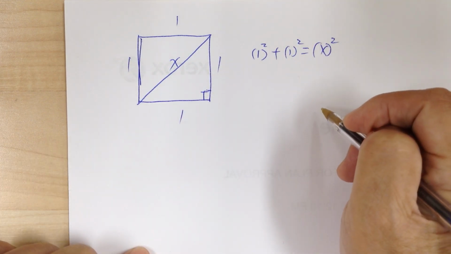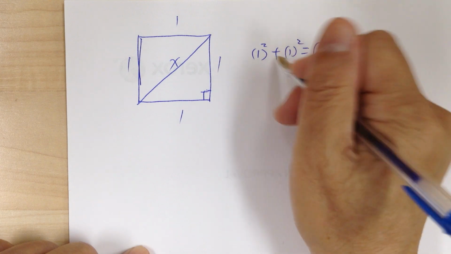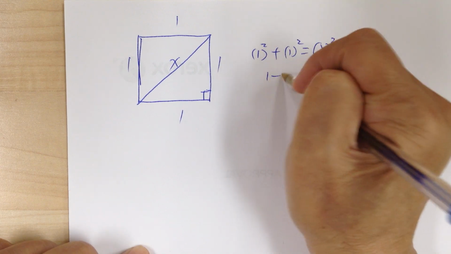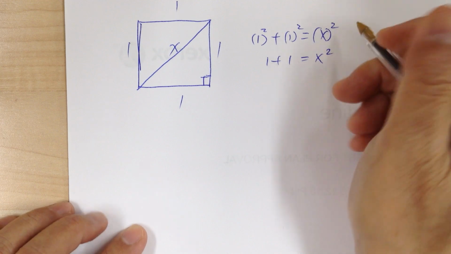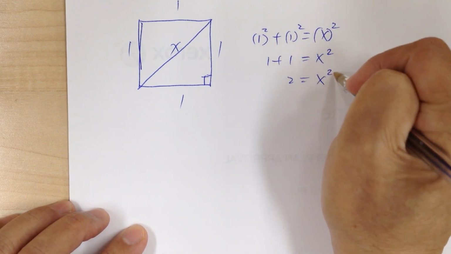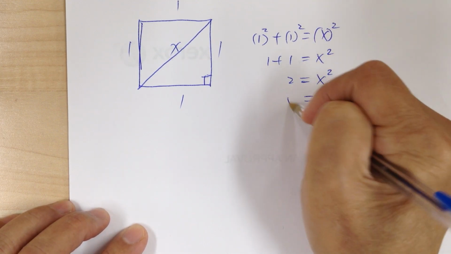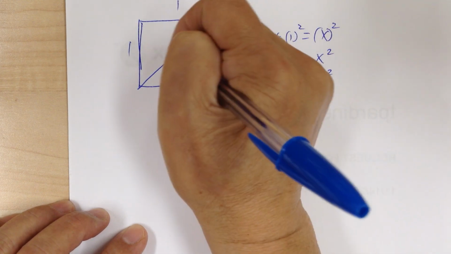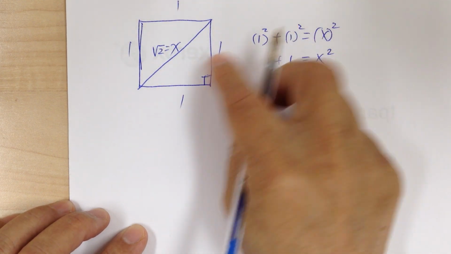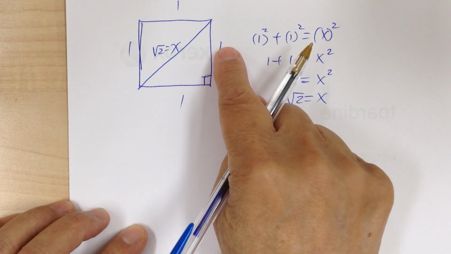When you simplify, 1 plus 1 equals x squared, so 2 equals x squared. You take the square root, so x equals square root of 2. Notice that this is square root of 2 times that.